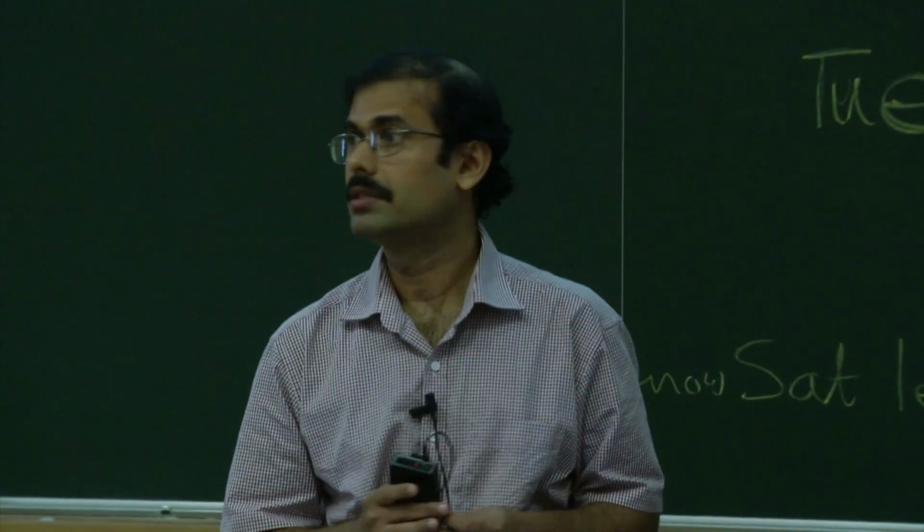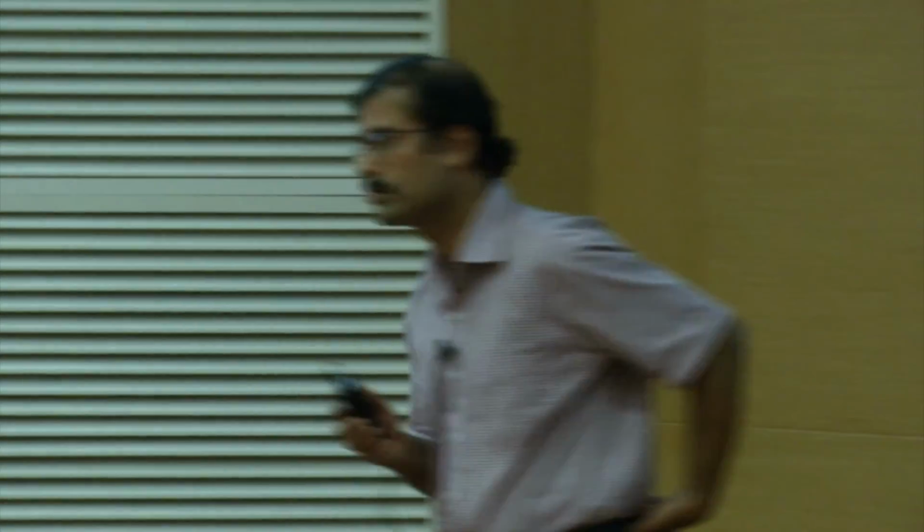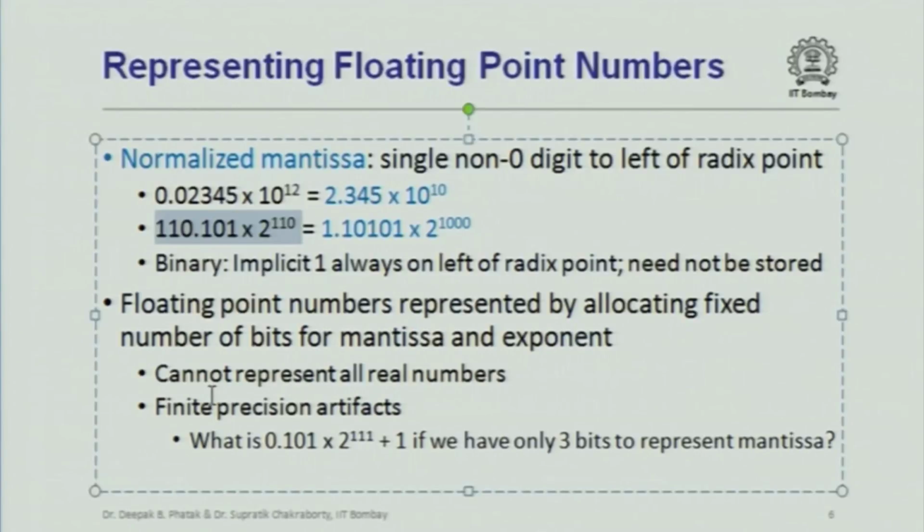Yeah? I have a doubt in the conversion, of the second normalization, second part. Like how did we do that? So this is the mantissa. If I look at this number, the mantissa is 110.101 and the exponent is 110, but there are really leading zeros over there.